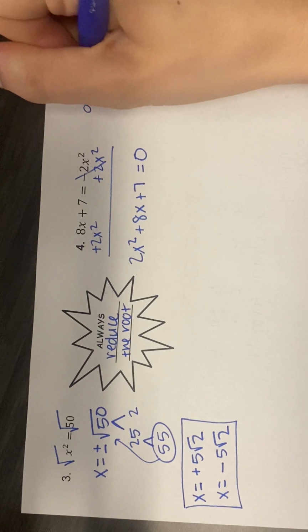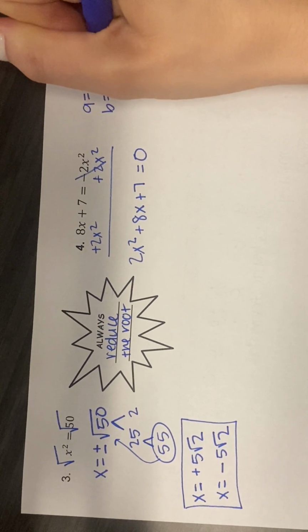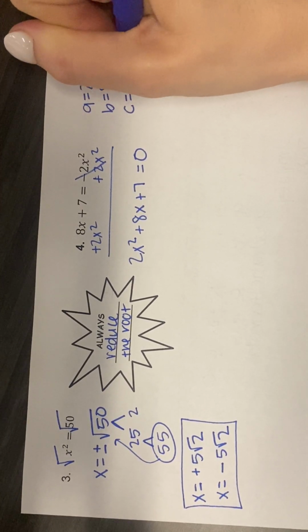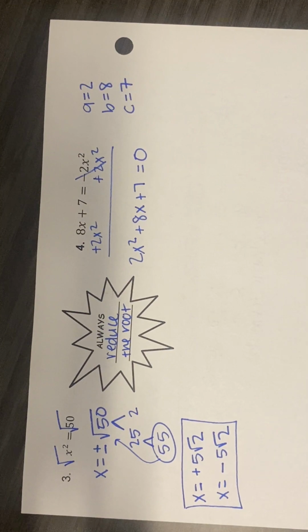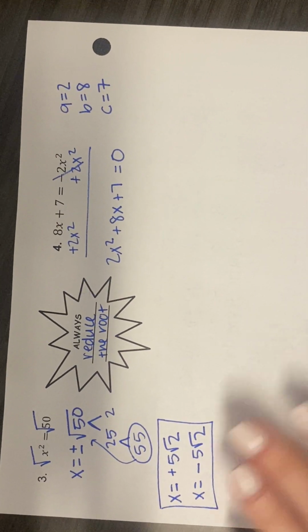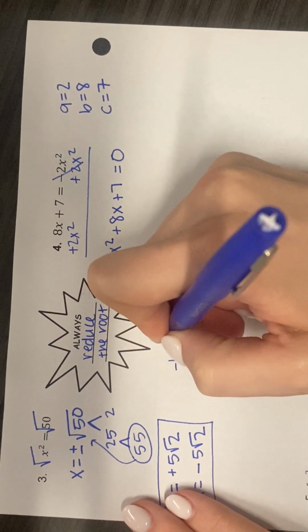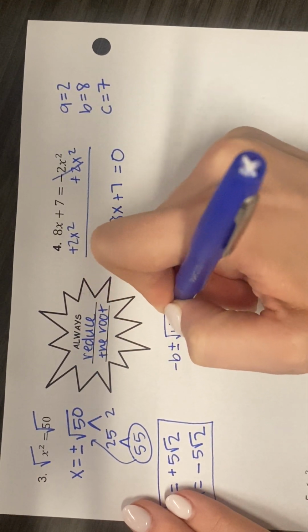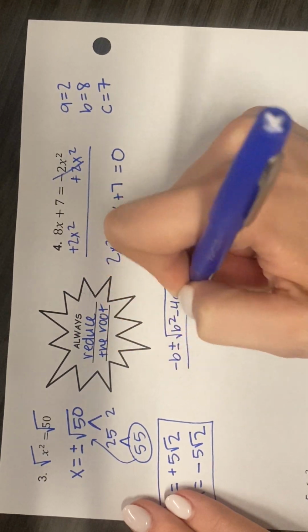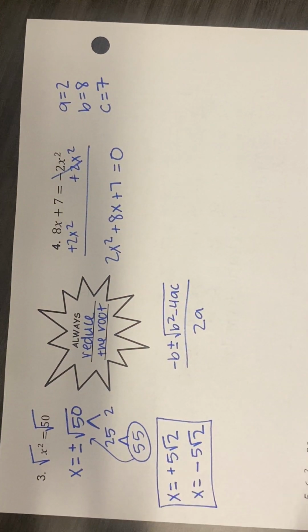Now I'm going to have an a of 2, a b of 8, and a c of 7. And I'm going to plug those into my quadratic formula, which I'll just write right here. Negative b plus or minus the square root of b squared minus 4ac all over 2a. This formula will actually be given to you on the STAR test, which is awesome.